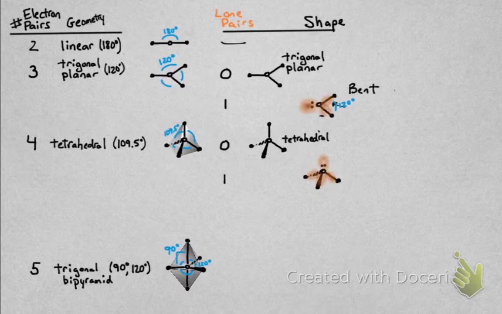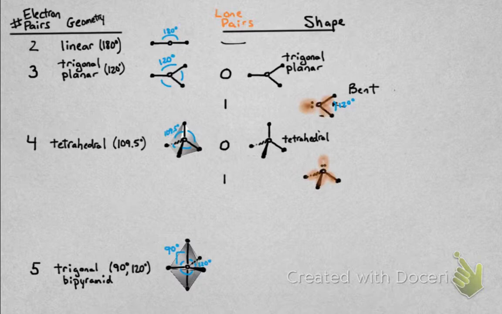that is going to prevent the 3 bonds from moving up into a trigonal planar shape. So those are going to, based on valence shell electron pair repulsion theory, since those electrons in the lone pair are negatively charged, they are going to occupy space.